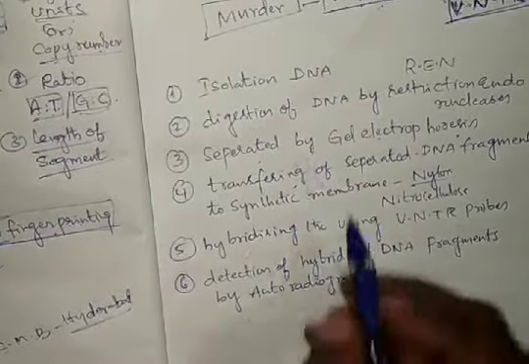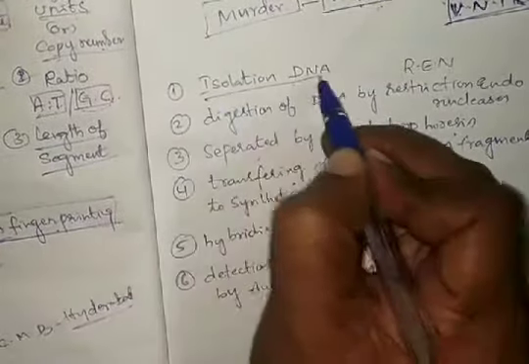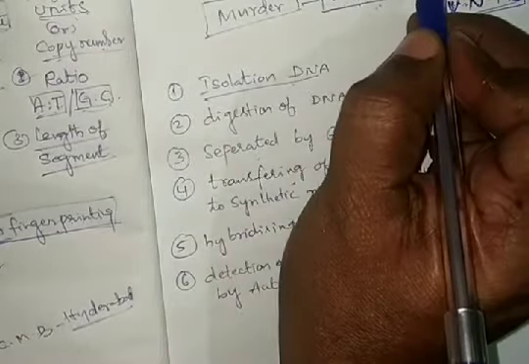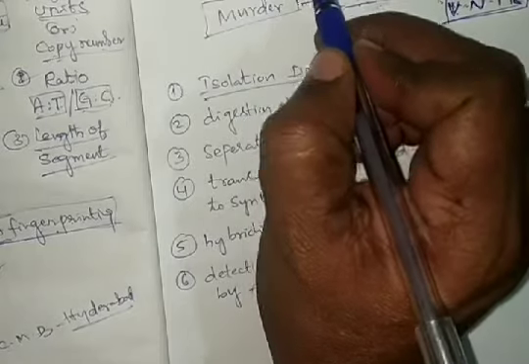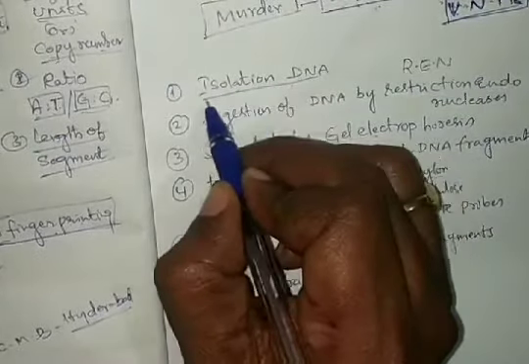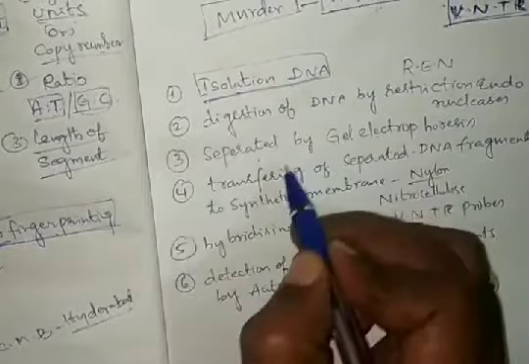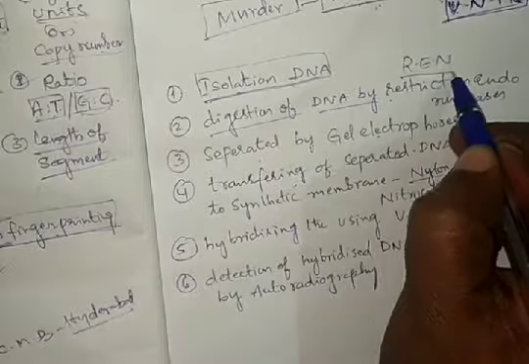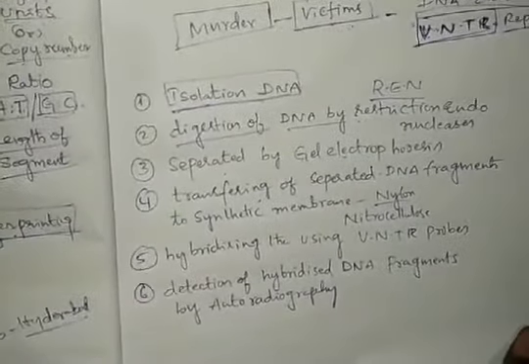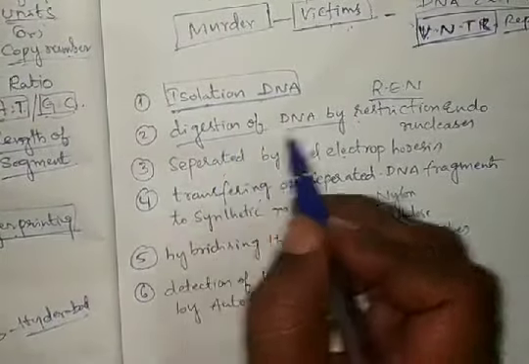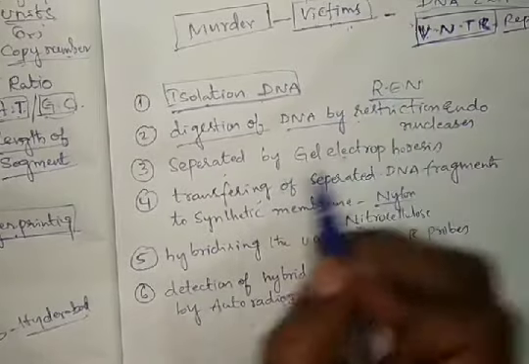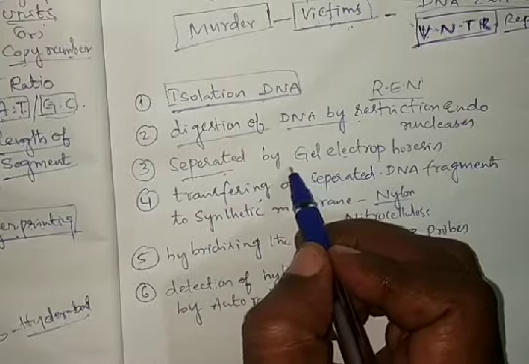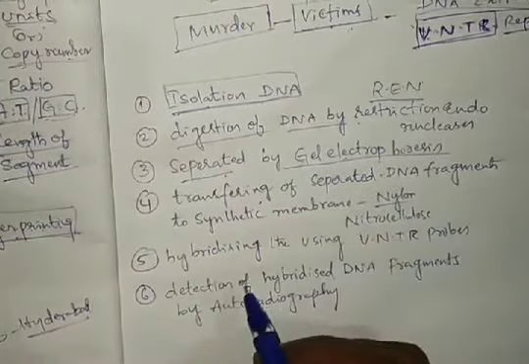First of all, we need to isolate the DNA from the particular material, hair, blood, skin or semen. In the nucleus, DNA will be there. The DNA is isolated. This is called isolation of DNA. Next, digestion of DNA by restriction endonucleases: the DNA is cut into many pieces. Separation of those cut DNA fragments by gel electrophoresis.